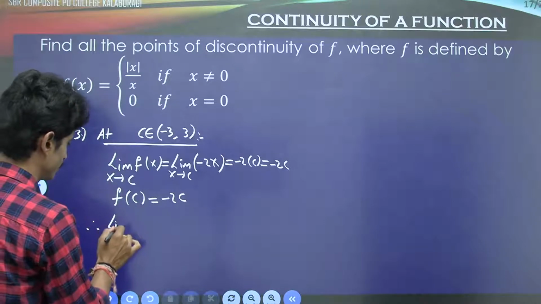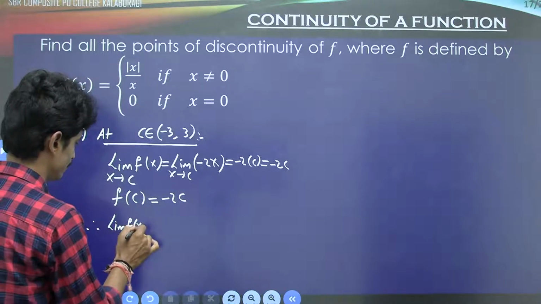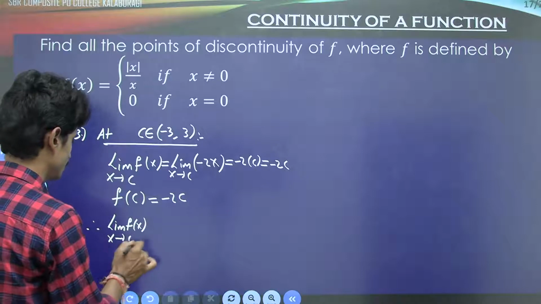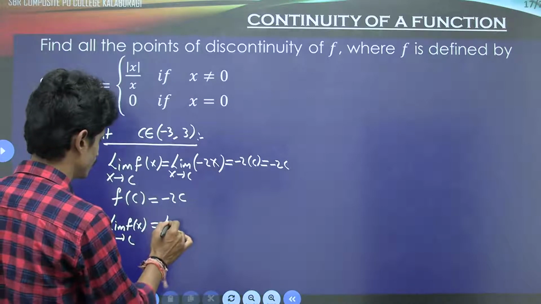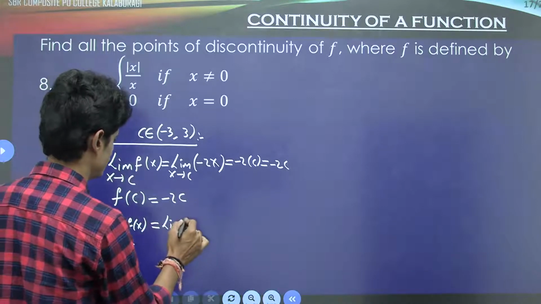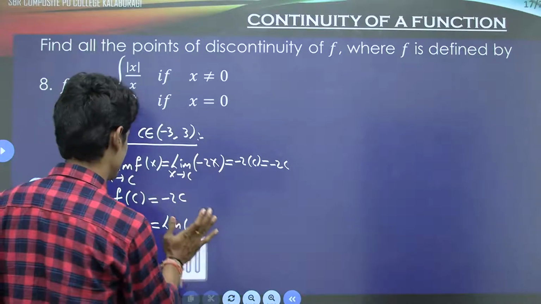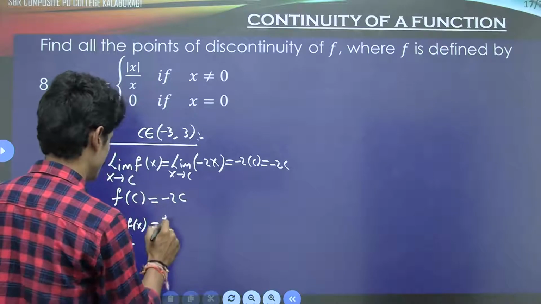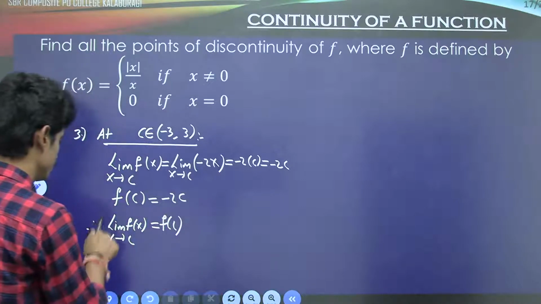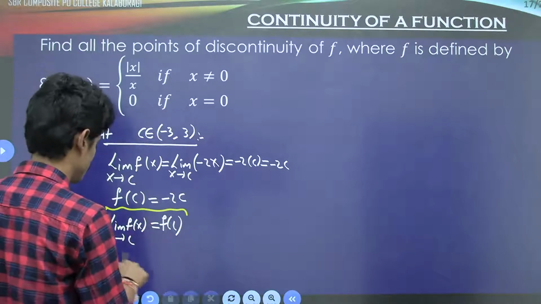Therefore, the limit of f of x as x tends to c exists and is equal to the value of the function, that is f of c. So this is our required result.